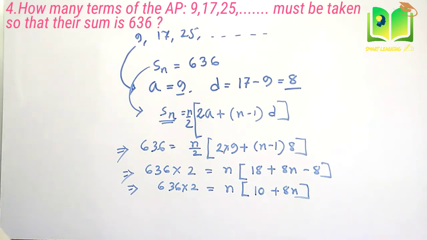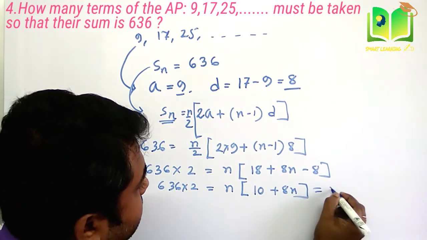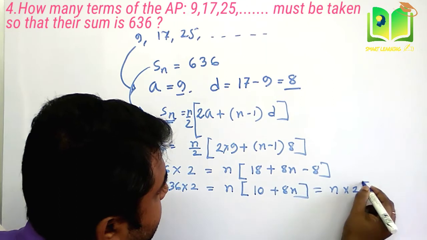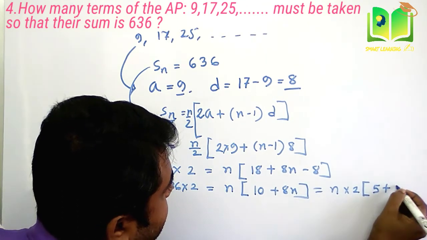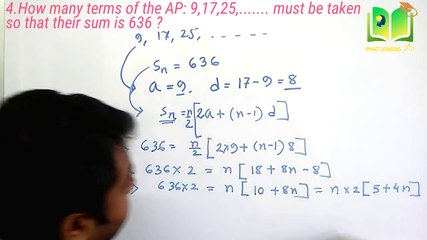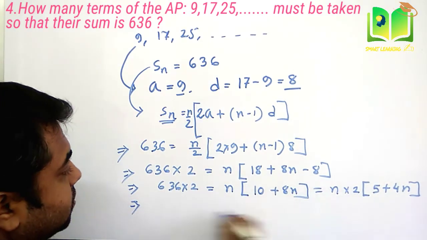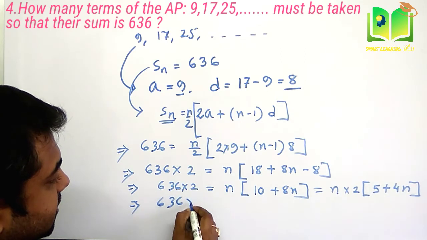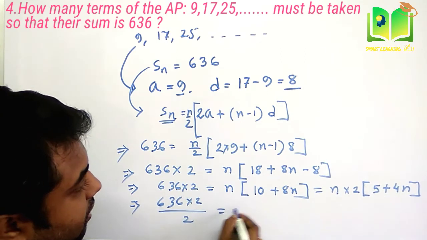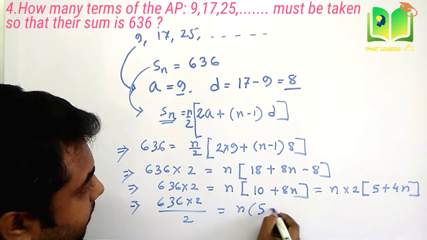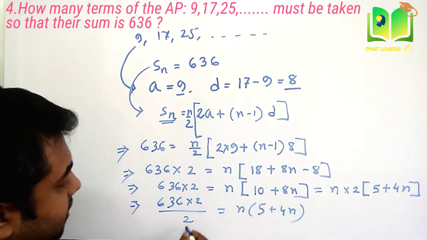Okay, so if you take common 2, it will be n into 2 within bracket 5 plus 4n. Okay, now what to do? Just simply cancel the 2: 636 into 2 by 2 equals n into 5 plus 4n.